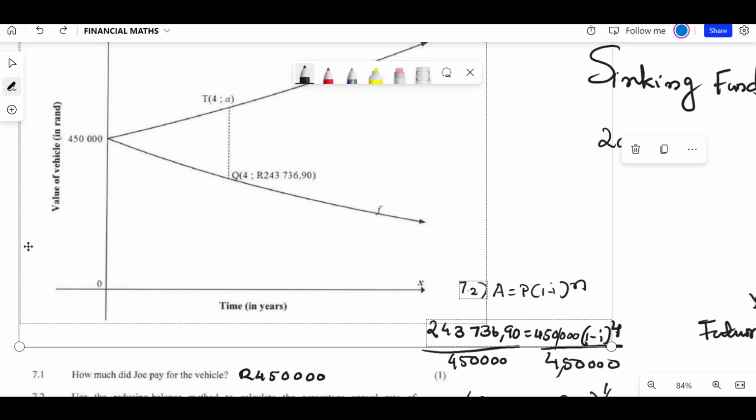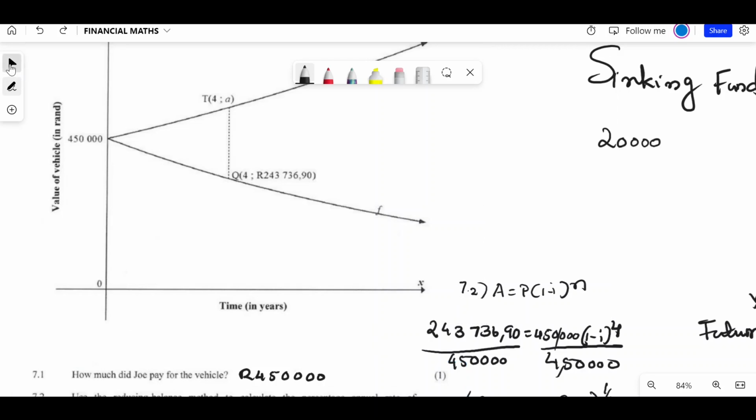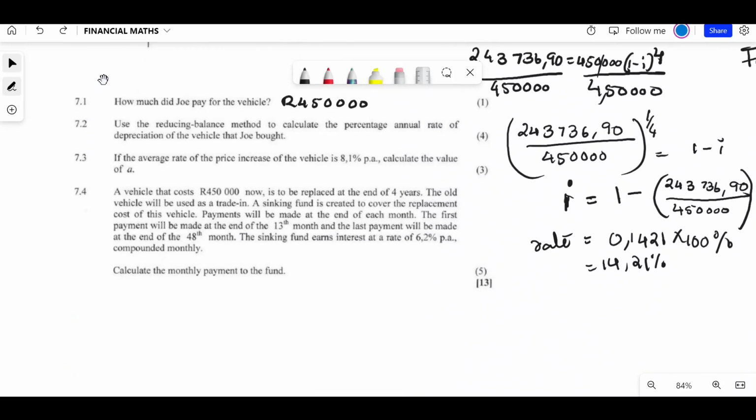Okay, let's see if we have space here. Let's write 7.3 here. So 7.3, increase, so it's inflation, and the formula is A equal to P times (1 plus i) to the power n.